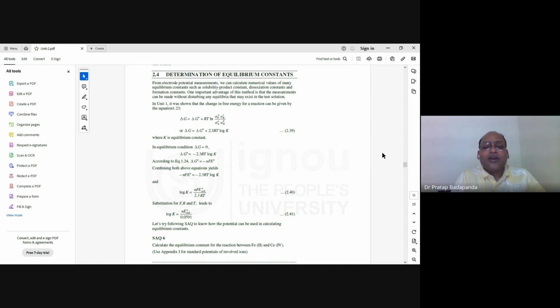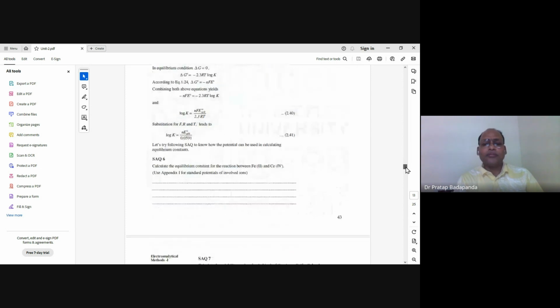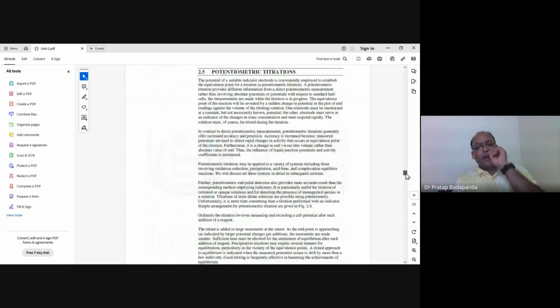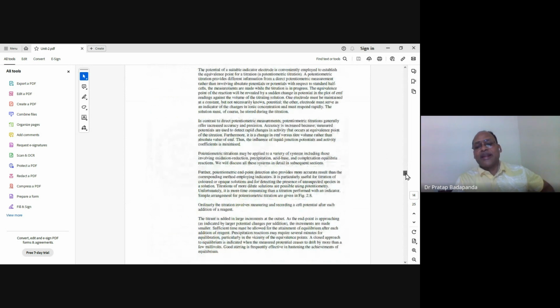So log K is equal to nE naught cell divided by 0.0591. From this you find out the equilibrium constant value, or the dissociation constant. This is a very simple derivation, but you have to understand the formula and all things. Okay, so this part is over. We'll go down to the next topic, potentiometric titration.